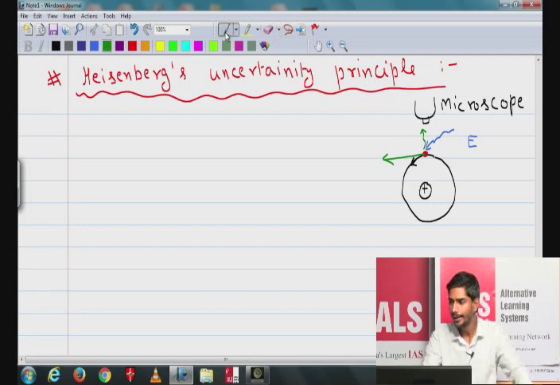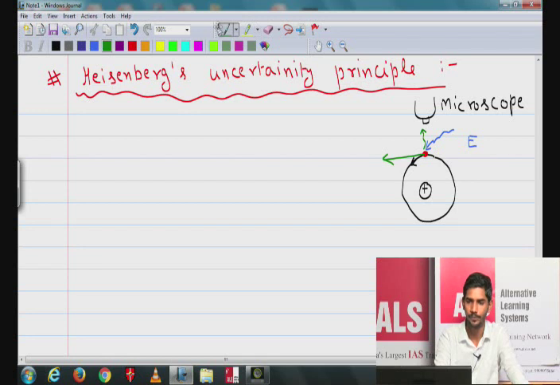The path of the electron should follow this orbit, and as we have given energy to it, it has changed its path. So it is not possible to determine the exact position and momentum of the moving electron. If we are able to see it, then we cannot find its velocity. If we find its velocity, then we will not be able to see it. This is what Heisenberg's principle said.